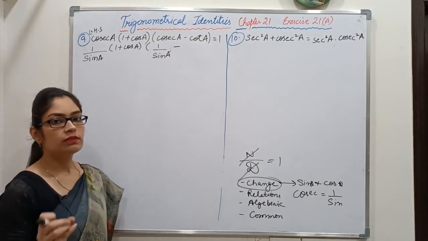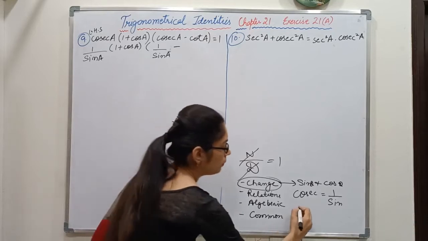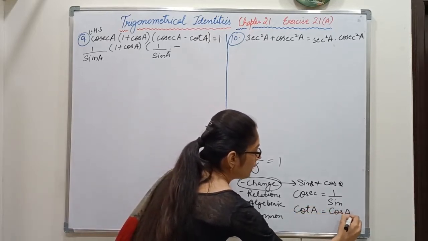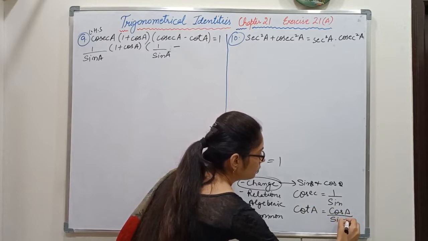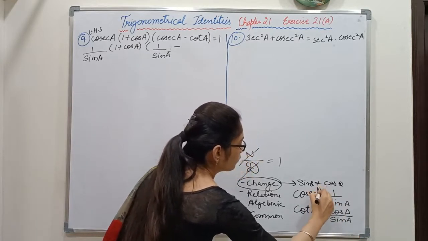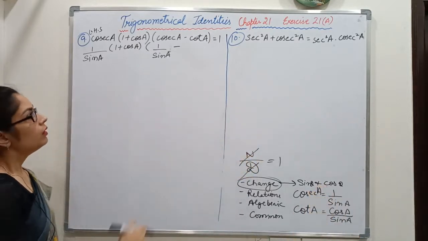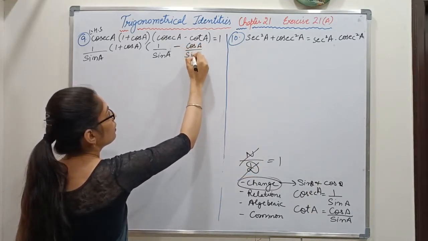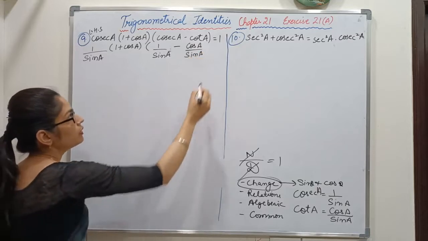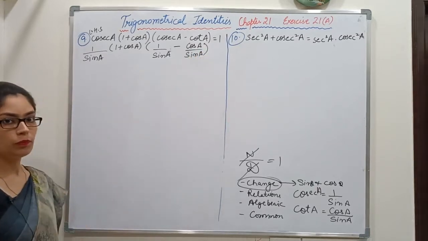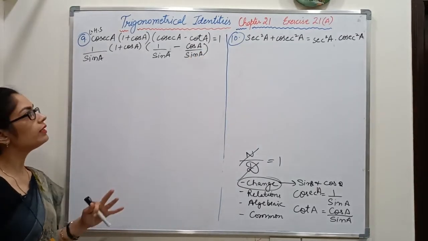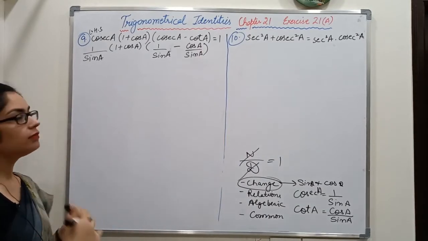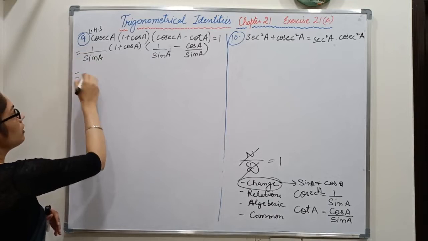Tan was sine by cos, so that means cot is cos by sine, cos A by sine A. Now you can see the same thing which we got in the previous question, but here it is in sine form, there it was in cos form. We have got a different numerator and denominator.